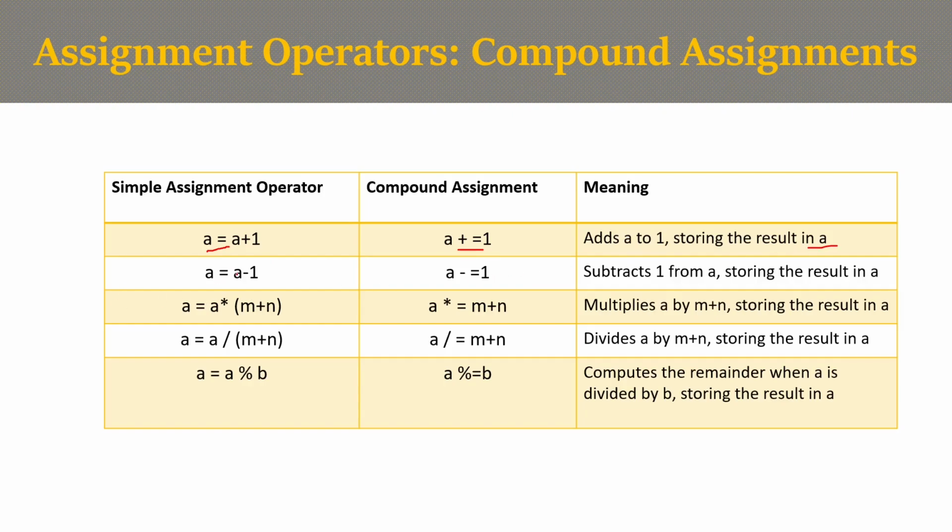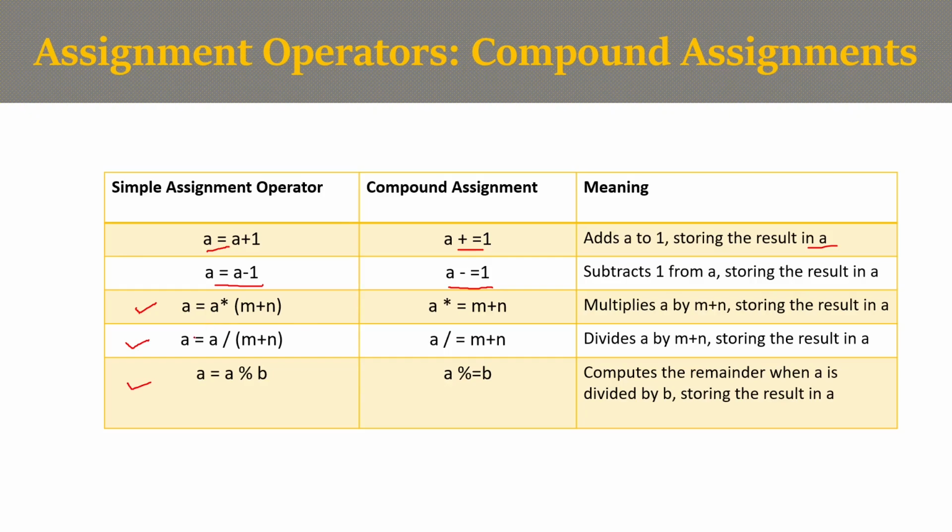Similarly, if you have the expression a equals a minus 1, you can also write it as a minus equals 1. So what will this do? It will subtract 1 from a, storing the result in a. In these examples, you can also see that you can use the compound assignment. So a equals a into m plus n.